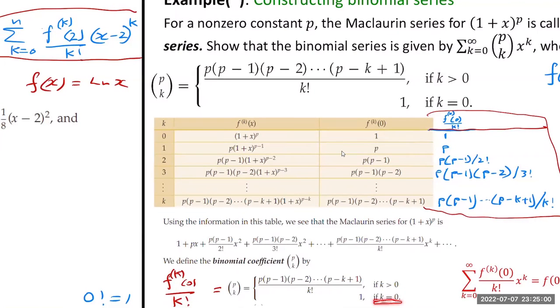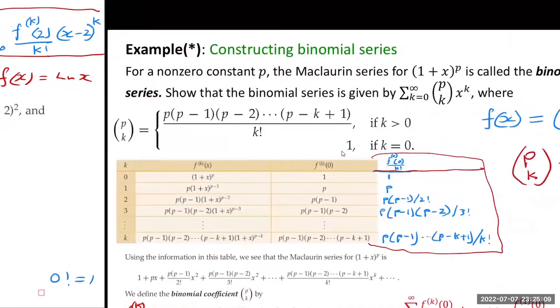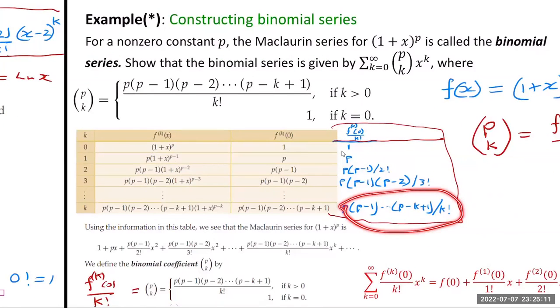When k is equal to 0, this quantity should be 1. And when k is bigger than 0, that quantity should be that general term, because this general term can be used to generate all these terms. So this general formula is valid when k is bigger than 0. Of course, when k is equal to 0, it should be 1 because of this.